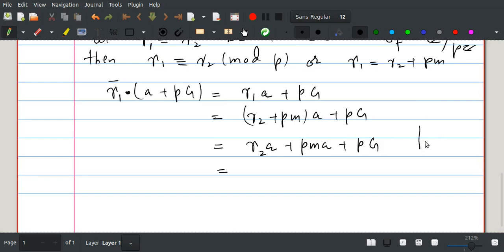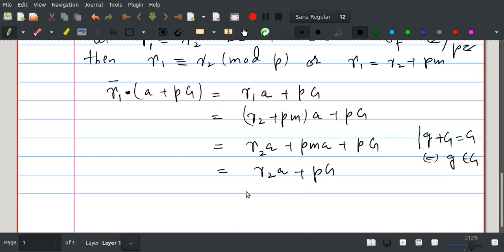Knowing the fact that little g plus capital G is equal to G if and only if little g is in G, one can note here that this element PMA is in PG, so PMA plus PG is the same as PG. So this is R2A plus PG, which is the same as R2 bar dot A plus PG. So this is a well-defined multiplication.